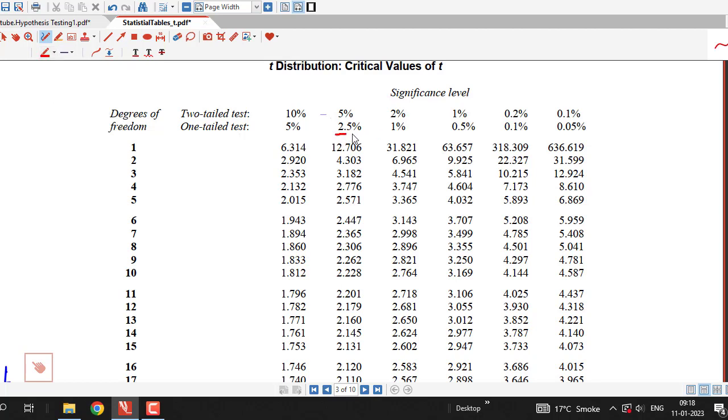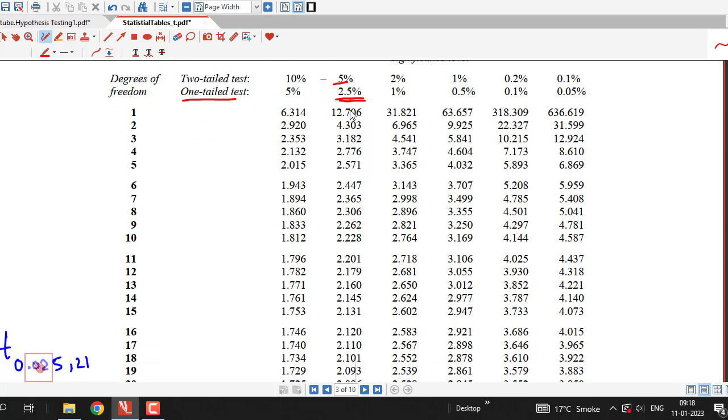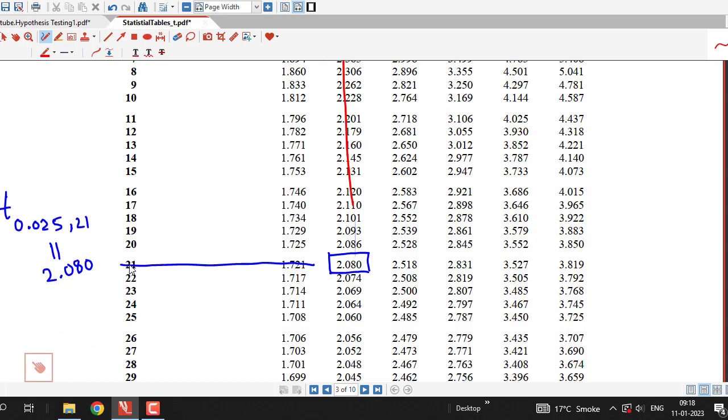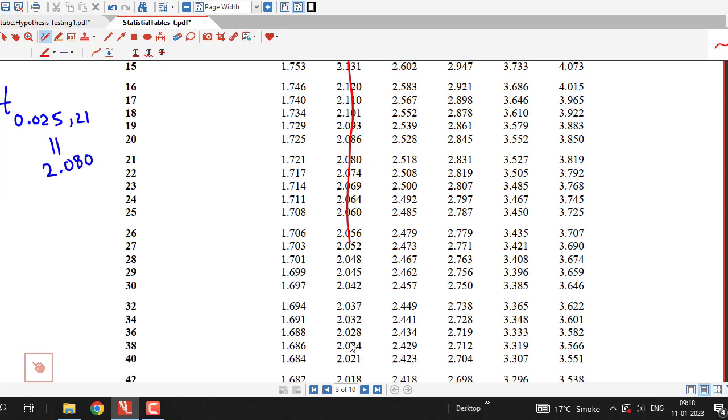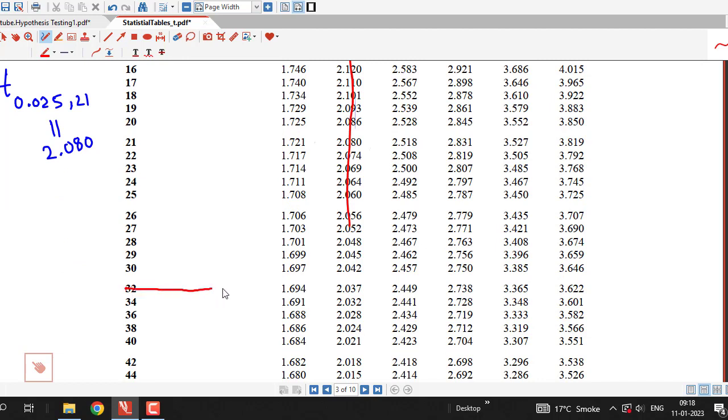So I have 2.5% area in one tail and 5% area in two tails, and I have to go up to 32 degrees of freedom. This column is for degrees of freedom, so I have to go down in this column to 32. So let's go to 32. Here I have 32, and if I go across, this intersection is 2.037.